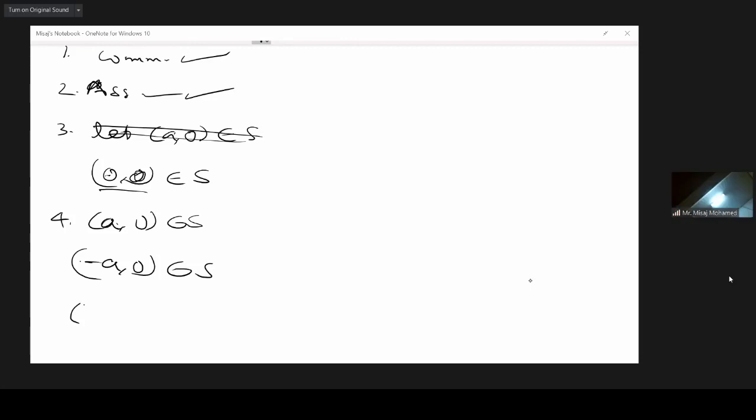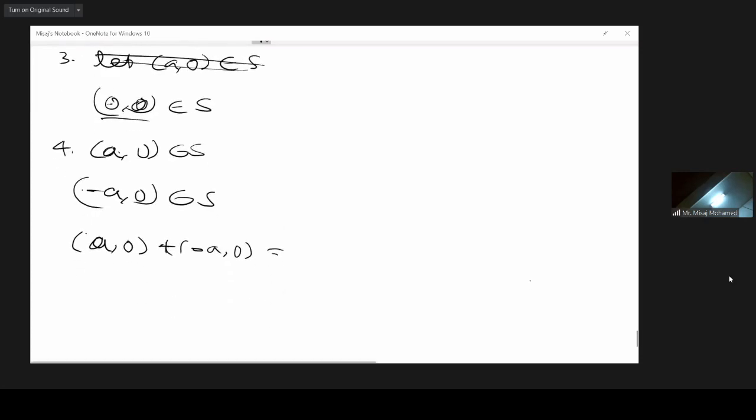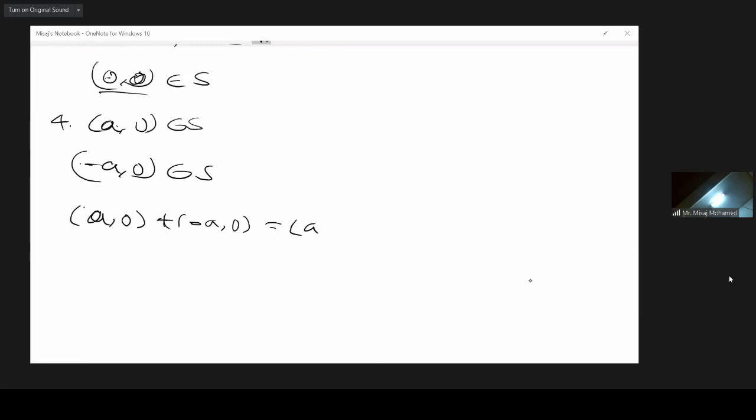So if you add a comma 0 plus minus a comma 0, then we say that a plus minus a comma 0 is equal to 0 comma 0, which is identity.